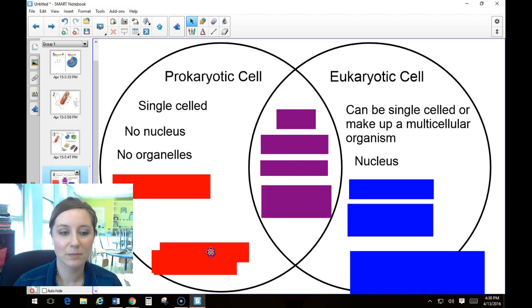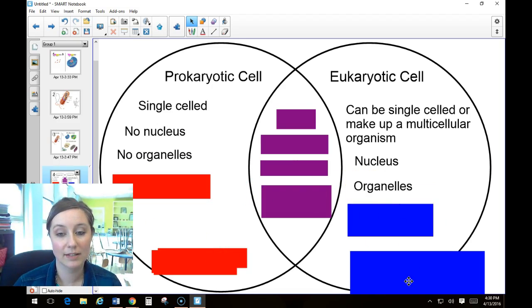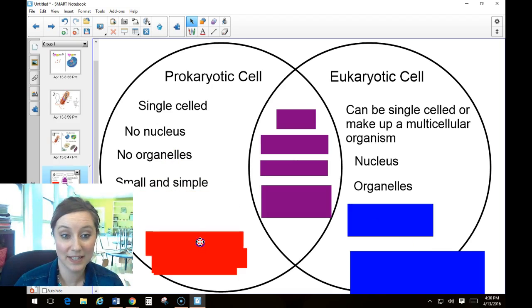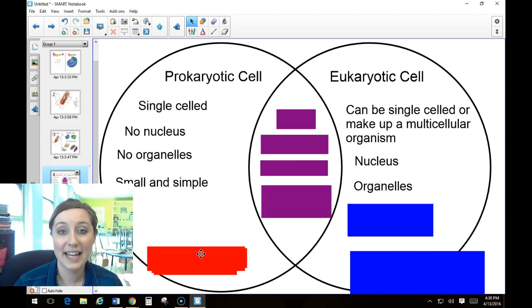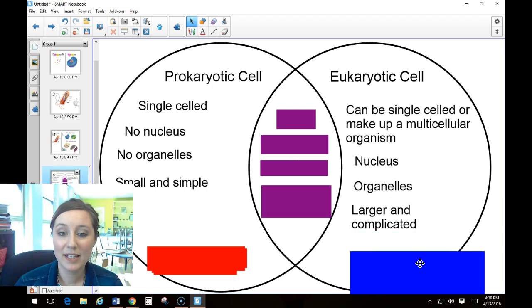Third difference, prokaryotic cells have no organelles. The eukaryotic cells are filled with organelles. Our prokaryotic cells, because they don't really have any organelles, they're really simple and they're very small. Our eukaryotic cells, there's a lot going on in there. They are complicated and they're much larger than the prokaryotic cell.